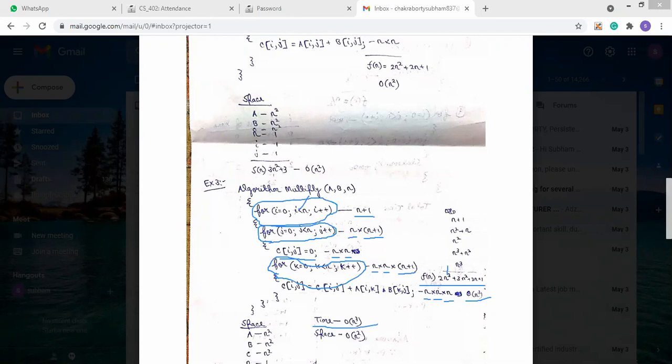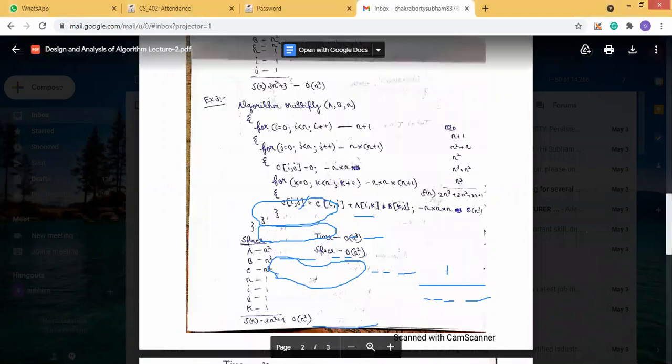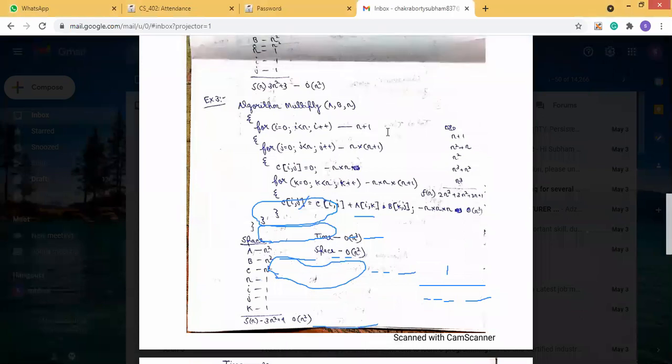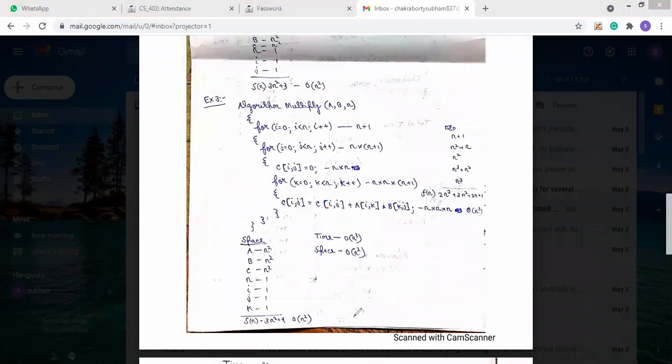Now, what will be the case of the space function? In the space function, at first we have to consider how many variables are present in the algorithm. The variables are A, B, C, n, I, j, k.